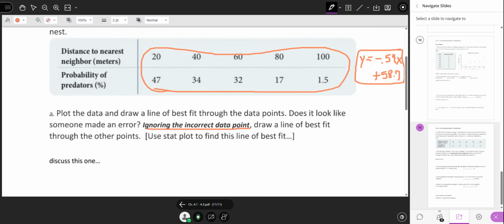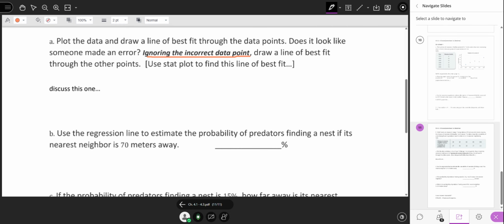Anyways, use the regression line to estimate the probability of predators.